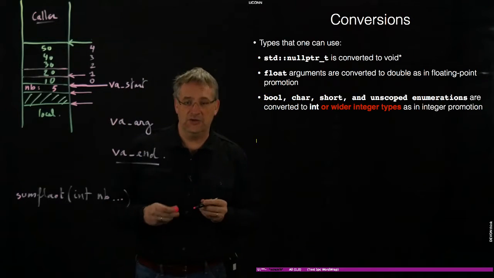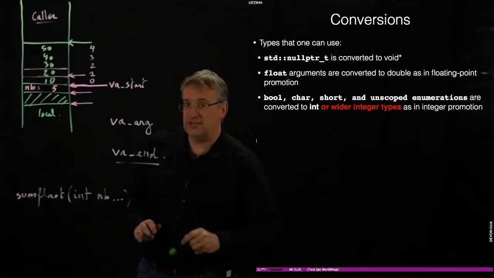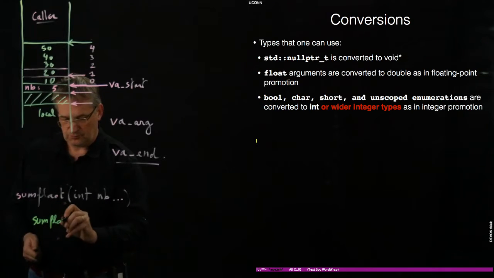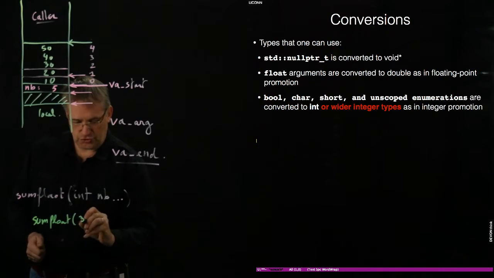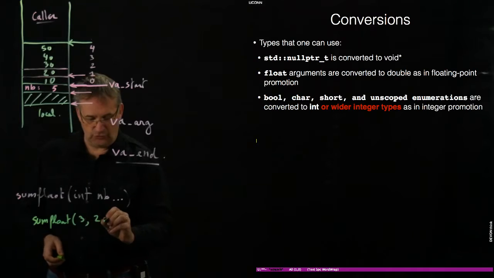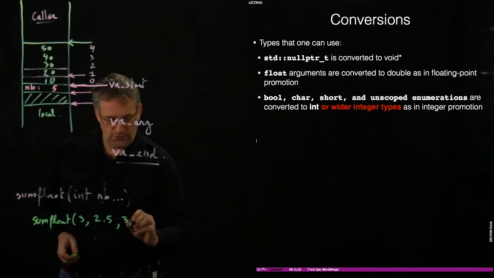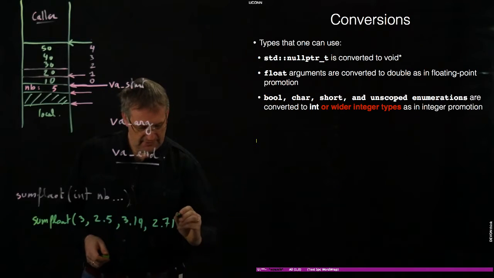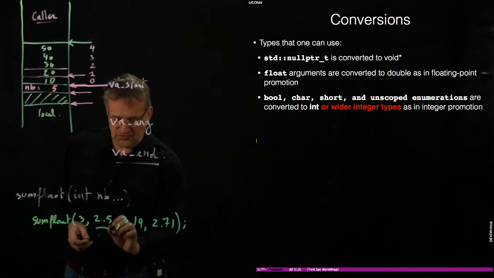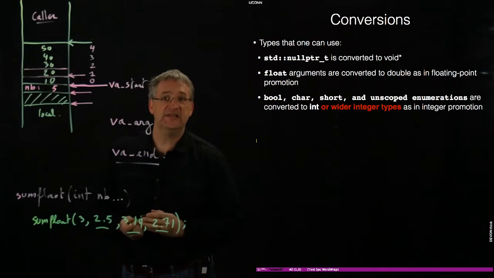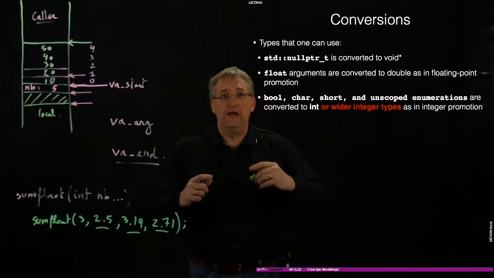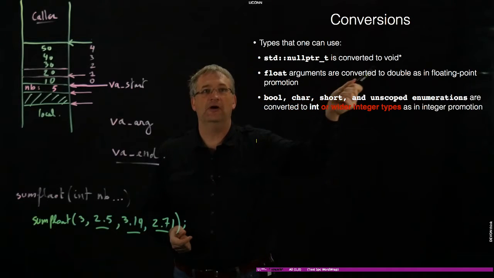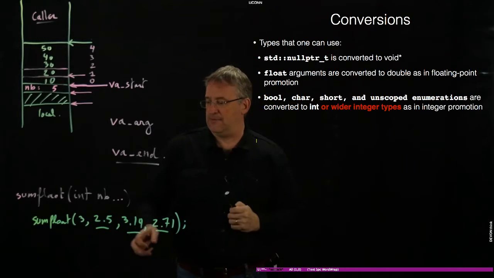If I actually use it, and let me illustrate a call to that, if I call some float saying 3, I can pass something like 2.5, 3.14 and 2.71. Even though I'm passing floating point, they will be upgraded automatically to double, right? So the conversion to double happens automatically.